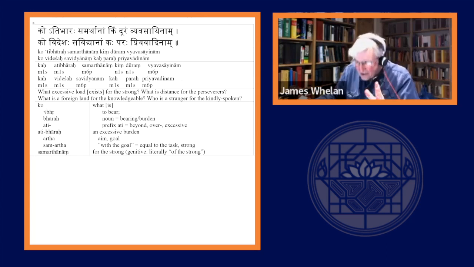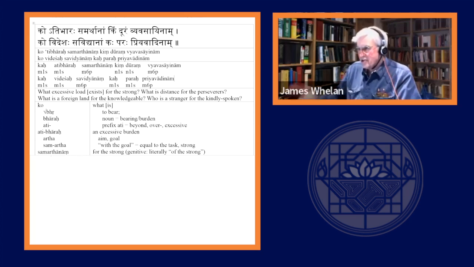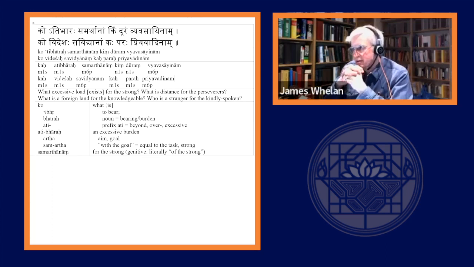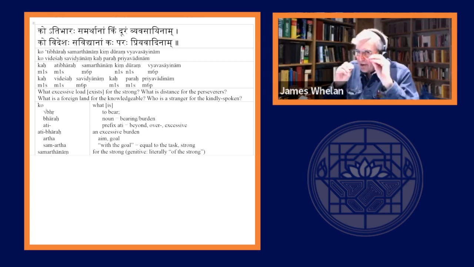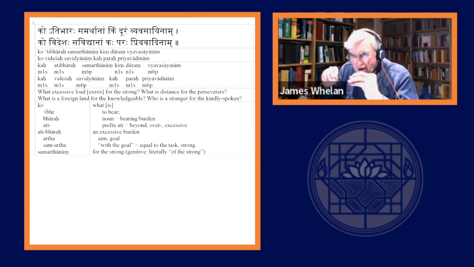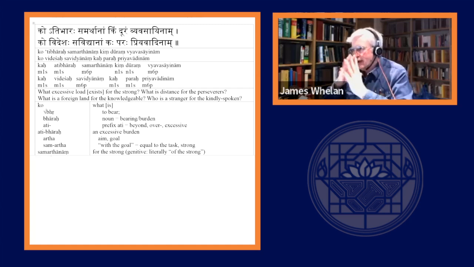In Sanskrit, you wouldn't say tebhyo dushkaram, you say tesham dushkaram, literally difficult of them. It's just idiom. It's the way it's correctly expressed in Sanskrit. I take your point. If we were doing a direct translation for the kindly spoken, it might look like a dative, but in fact, it's not. I see.